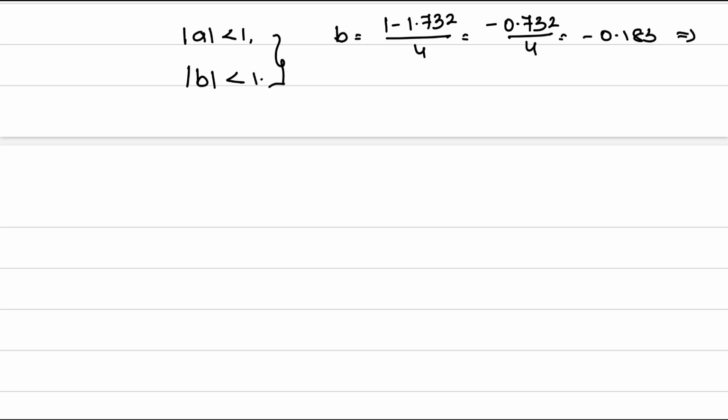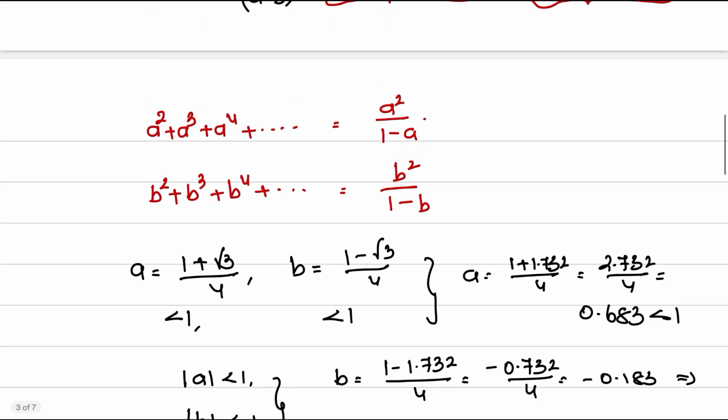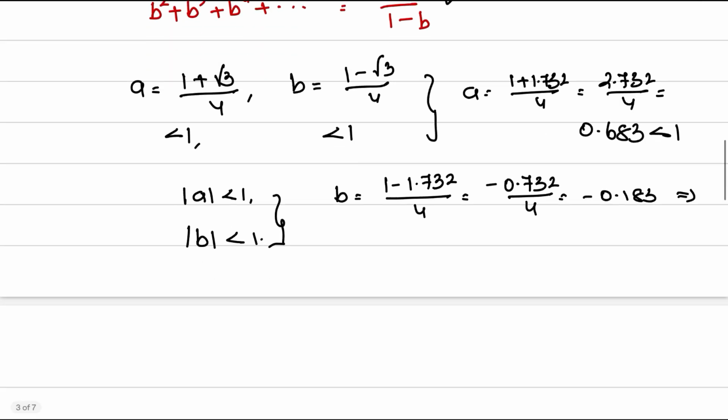Hence, the geometric series, whatever we have found, a square plus a cube plus a to the power of 4 up to infinity is equal to a square by (1 minus a), and b square plus b cube plus b to the power of 4 up to infinity is equal to b square by (1 minus b). Both are valid, because the absolute values of a and b are less than unity.